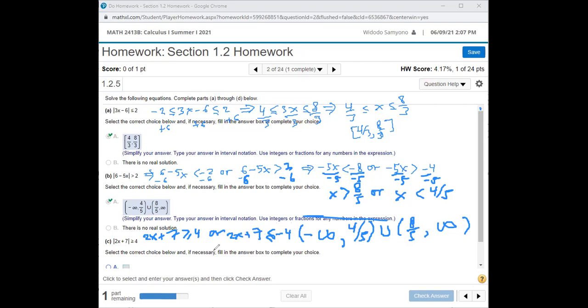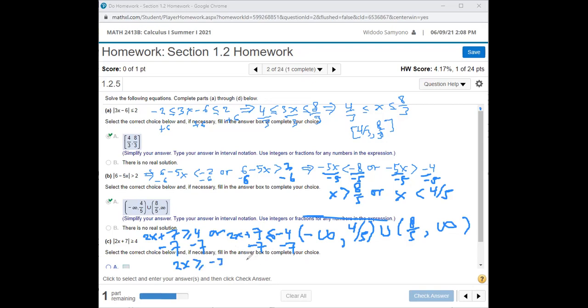So you can start from here to find the solution, right? Then you subtract by 7 on both of them. Yeah. So it would be 2x greater than or equal to -3.